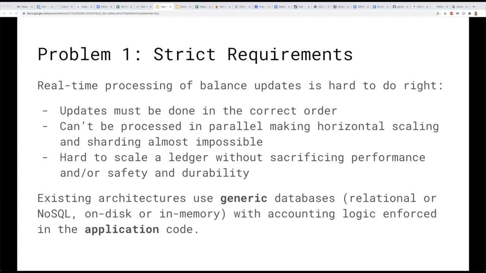So, checking that your double entry accounts work, or making sure a balance doesn't exceed a limit, etc. Making sure that the strict serializability of the system is all enforced in the application layer services. And that's obviously very error prone. There's a lot of potential for things to go wrong there.